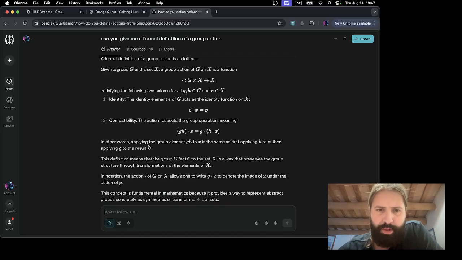In other words, applying the group element gh to x is the same as applying h to x, then applying g to the result.